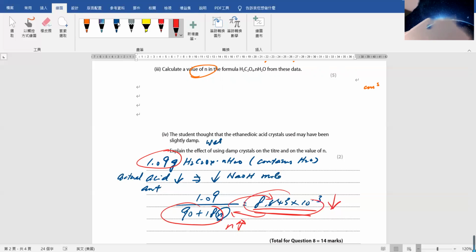This will lead to a decrease of this number, because we get this number from the number of mole of sodium hydroxide, from the mole ratio. So if this number decreases, n will increase, because after switching the position of these two groups of numbers, this number will become the denominator. When the denominator decreases, of course, n will increase.